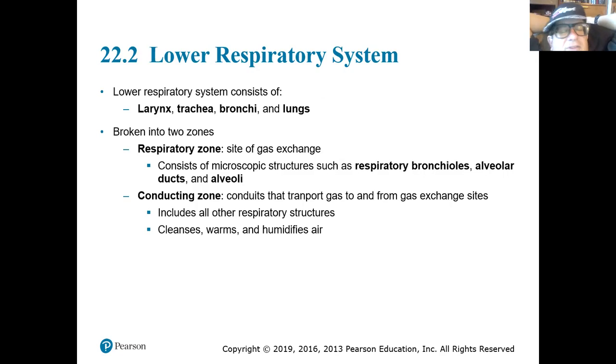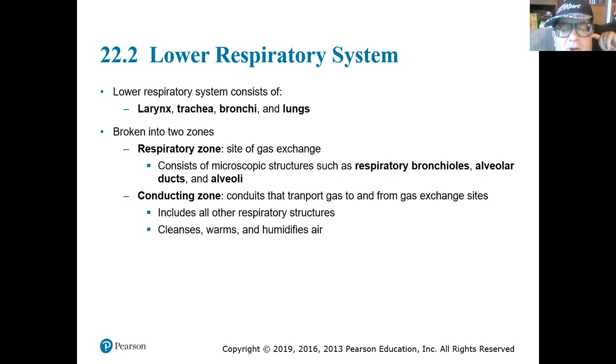Now, we divide this up into conducting zone, which carries air but doesn't do gas exchange, and respiratory zone, where we do gas exchange, where we do external respiration. So, what we're talking about here is respiratory bronchioles, alveolar ducts, and alveoli.